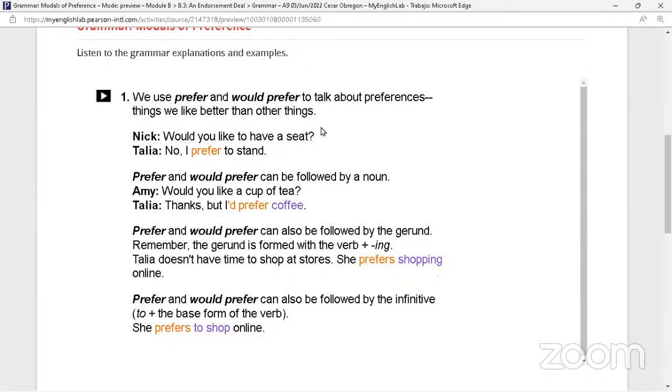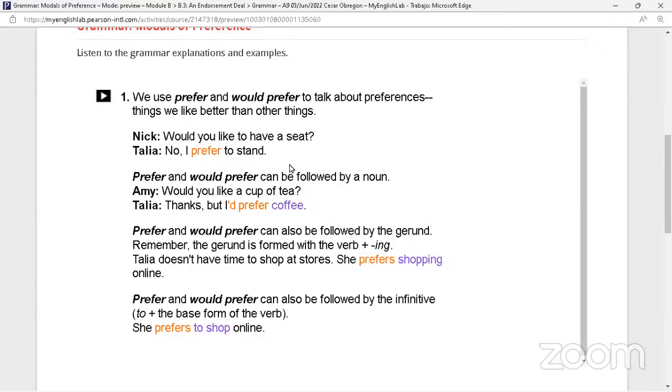Would you like to have a seat? No, I prefer to stand. Prefer and would prefer can be followed by a noun. So would you like a cup of tea? I would prefer coffee. The same as thanks, but I prefer coffee. The same. You have a noun, right? Here in the first example, you have the infinitive to stand, but we'll get to that.